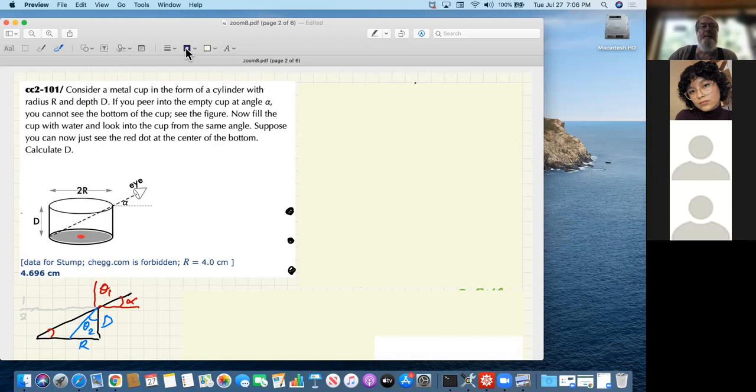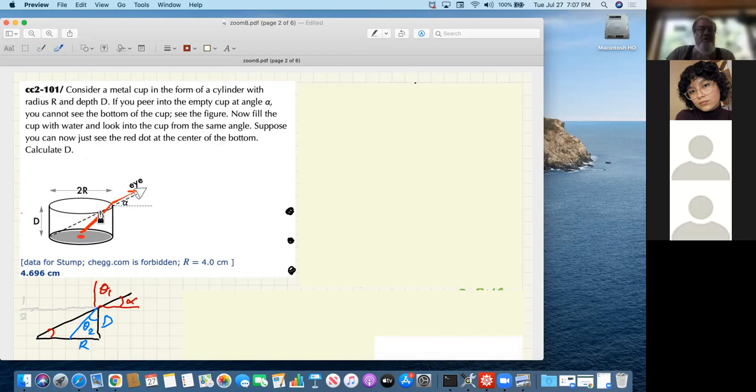So let me put it in red. It comes up and bends. The light doesn't follow a straight line because of refraction.